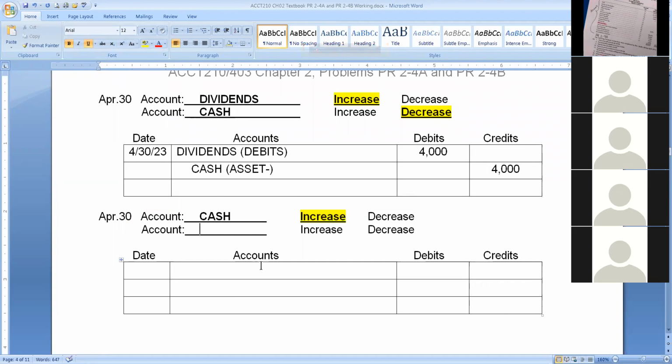Now the account we're going to use is the liability account. And it's right here, unearned rent. That's an unearned revenue. I don't show anything in there yet, but we will put it in, so unearned rent. And anything that's unearned is a liability.